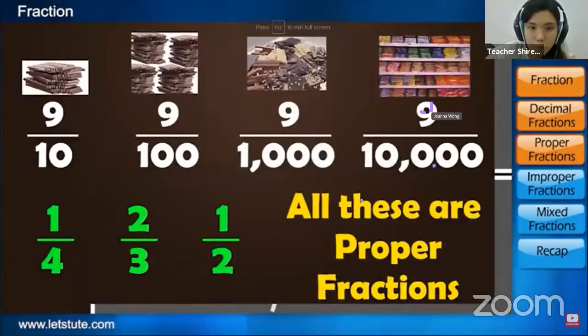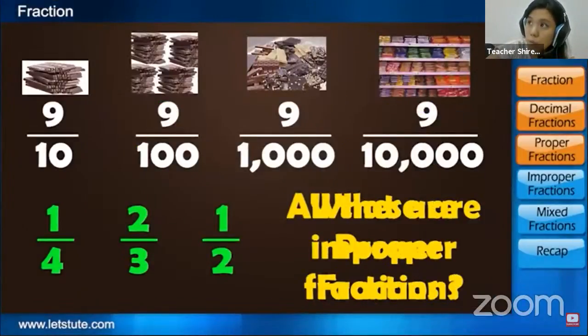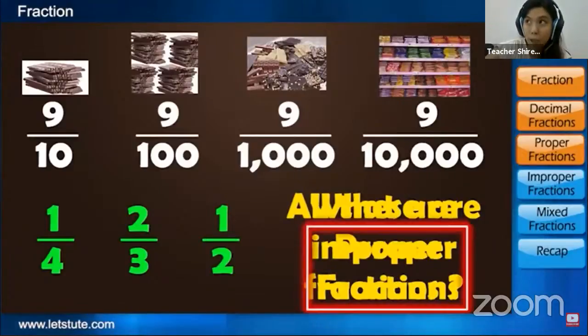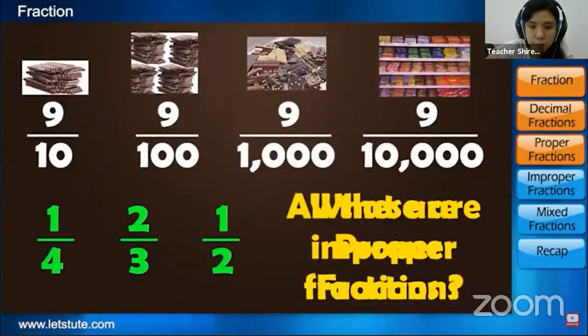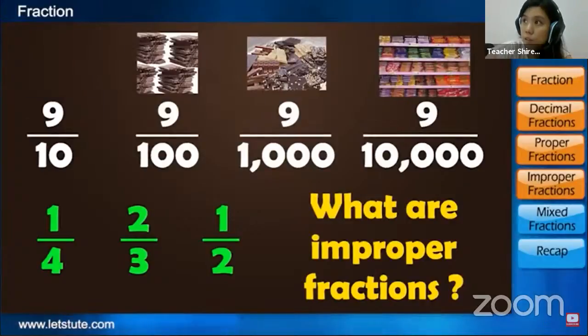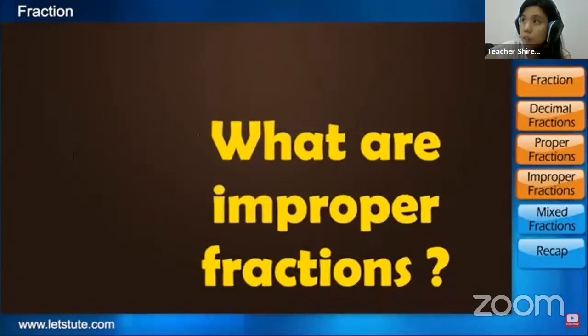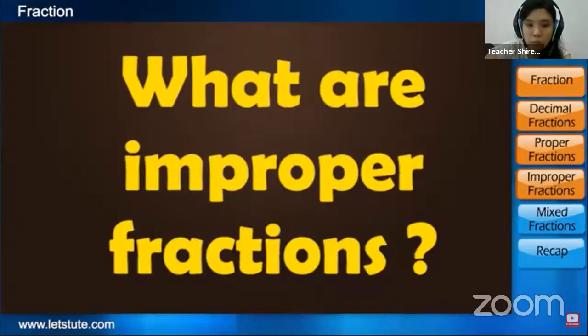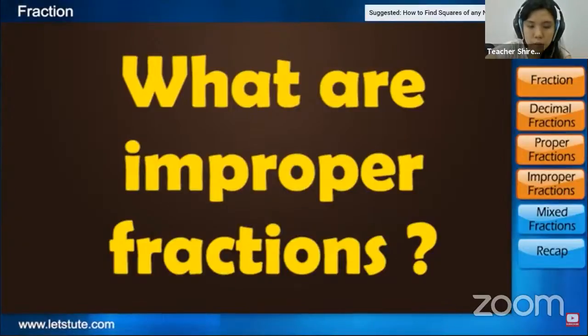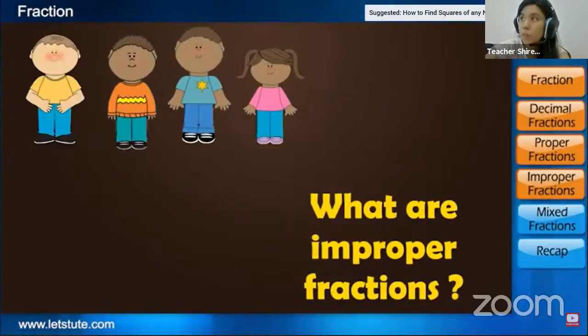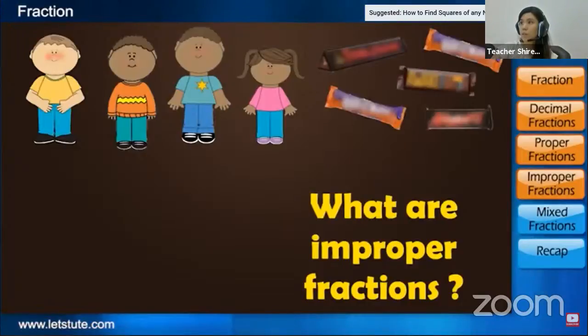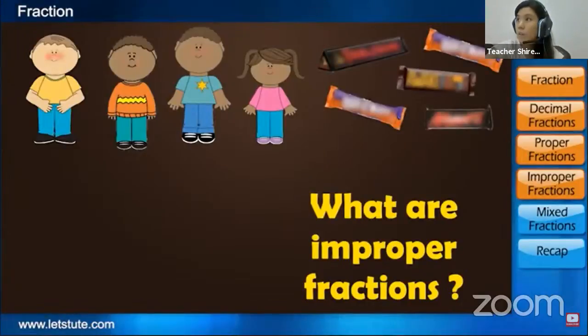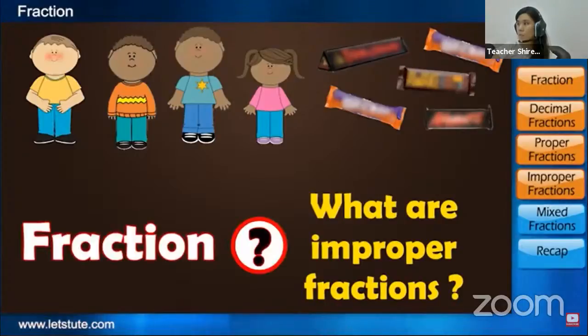If all the fractions that we have studied till now are proper fractions, then what are improper fractions? Nothing is basically improper with these fractions. They are just called improper fractions. If you guys had 5 chocolates instead of 1, then what will be the fraction formed?